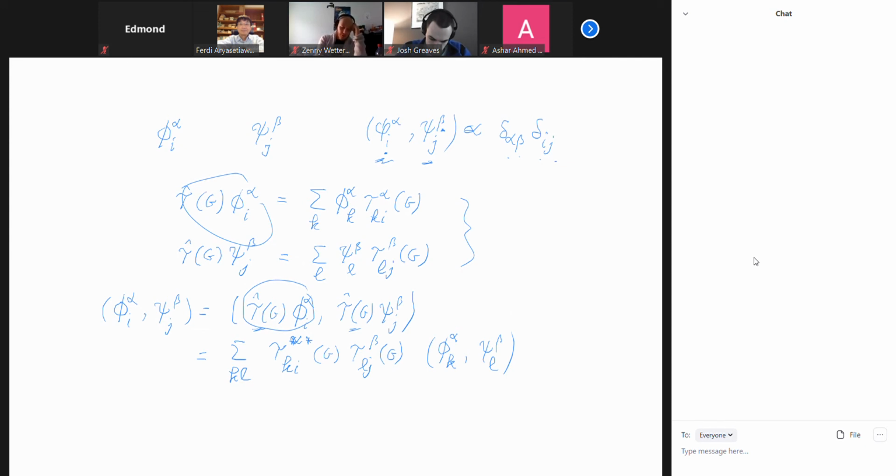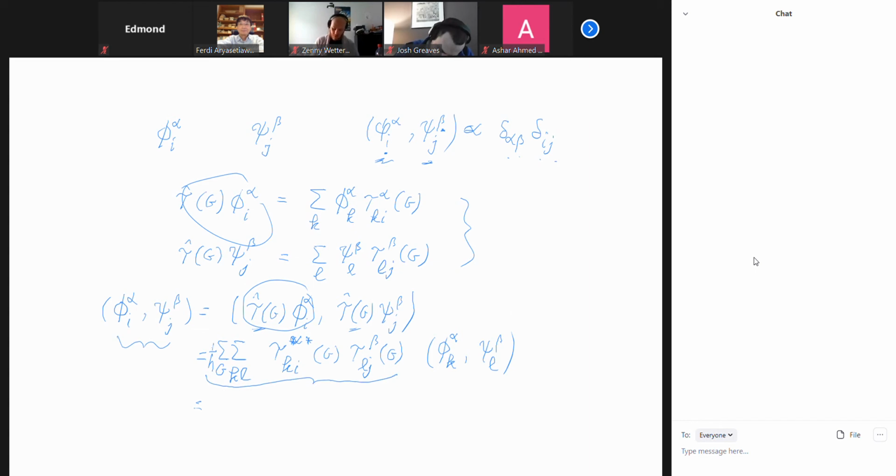So now I can use the orthogonality theorem. To do that, I need to sum over the G. But this quantity here is independent of G. So when I sum over G, I have to divide by the number of group elements. So now I can use the orthogonality theorem for this part.